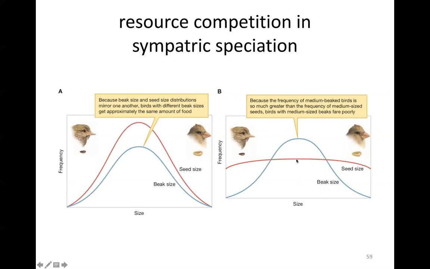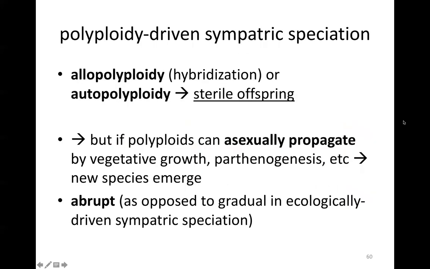It might even bring a disadvantage in that these guys can use more of the resources that an average beak size bird cannot use. These guys as well. So being at the two extremes might be beneficial, and that will lead to disruptive selection, and that can lead to further sympatric speciation.